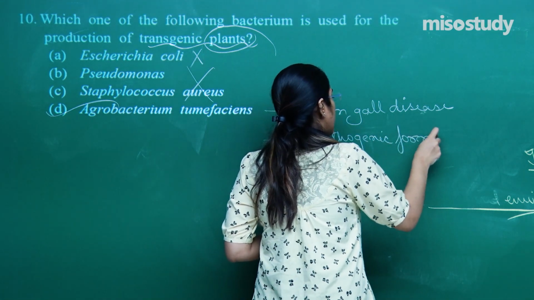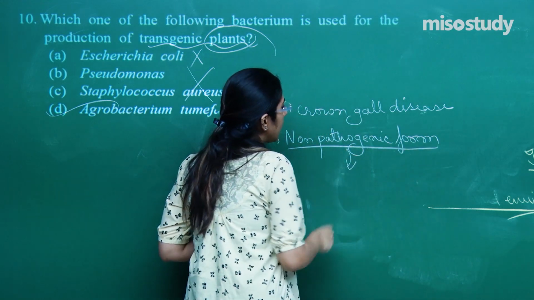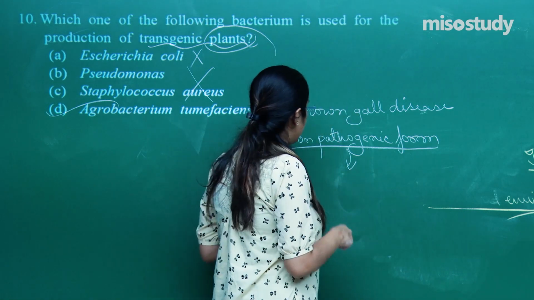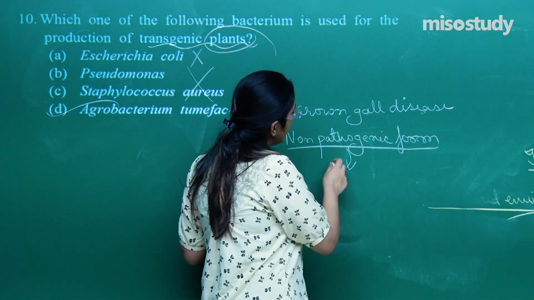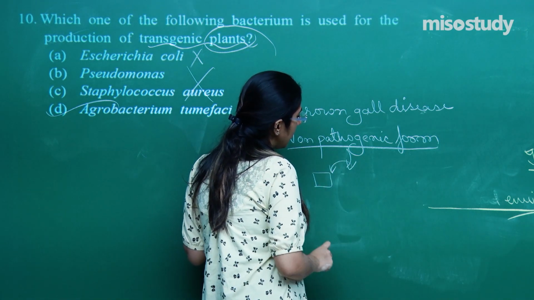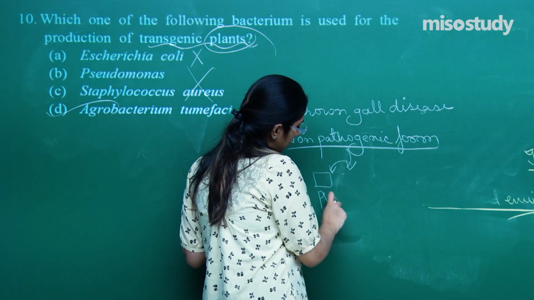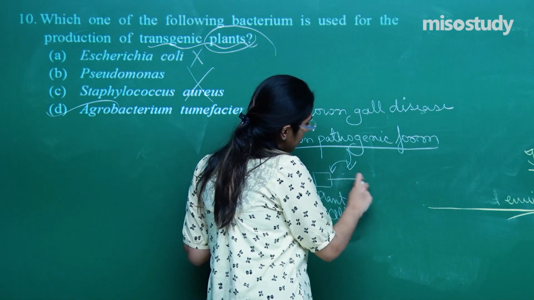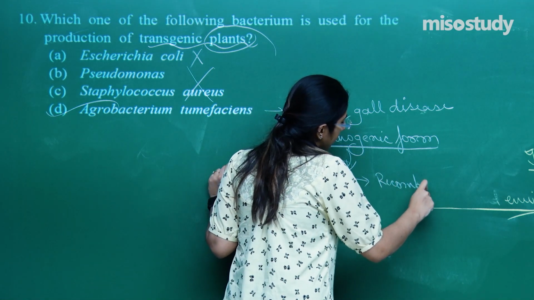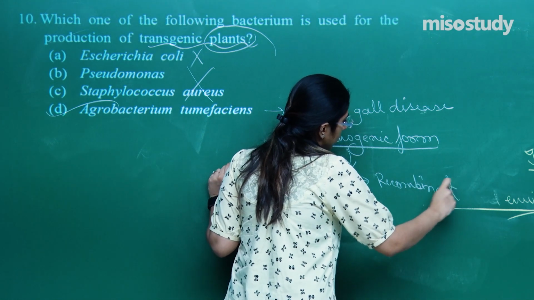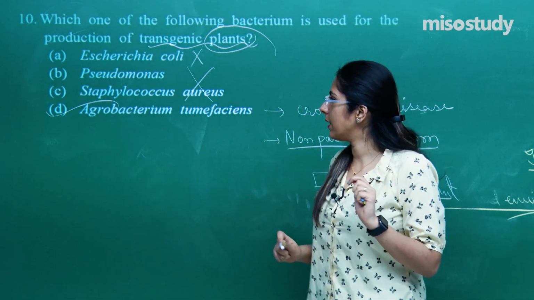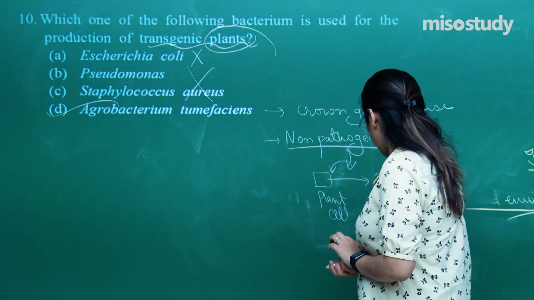Because we know they have a capability to insert their DNA, a very good transgenic capability, we take that non-pathogenic form and it helps in insertion of the gene of interest into a plant cell. Ultimately, when the insertion is complete, what I get is a recombinant cell. So, the correct option is D, Agrobacterium tumefaciens, right?